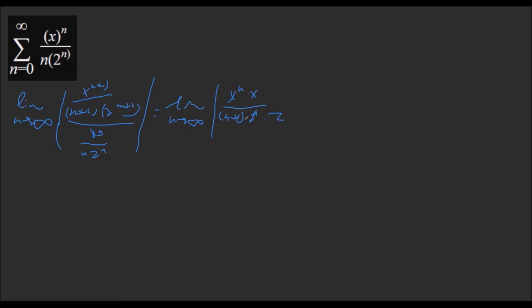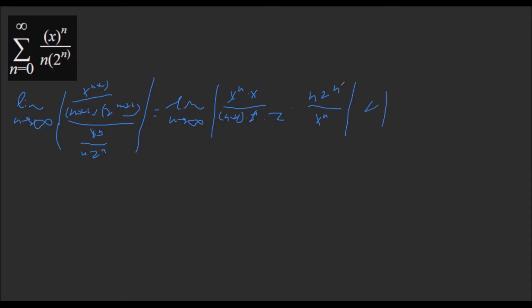Again, that's equal to 2 to the power of n plus 1, multiplied by the reciprocal, not quite the reciprocal, multiplied by n times 2 to the power of n over x to the power of n. If you're confused as to why I managed to do this, it's because I'm merely manipulating the quotient over here. Okay, and again, this is less than 1, but we can simplify this further.